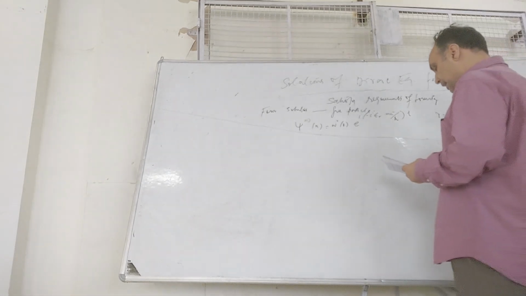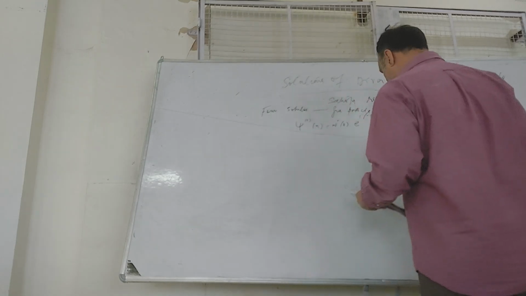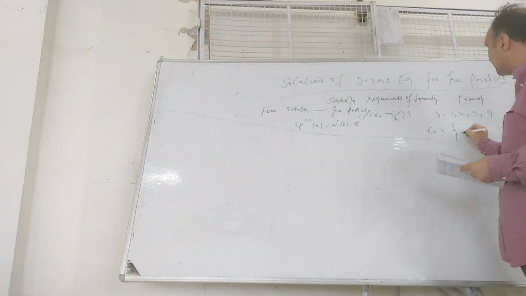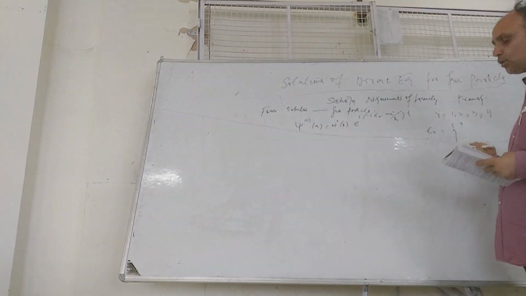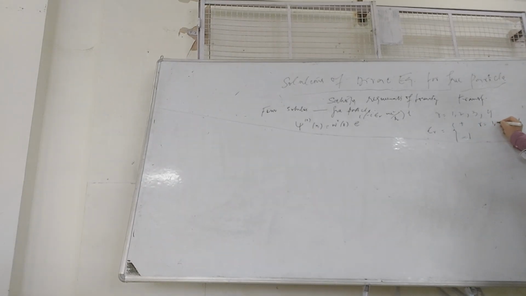Okay, and this epsilon r will go for either +1 or -1. So r goes from 1 to 2 and r goes from 3 to 4.